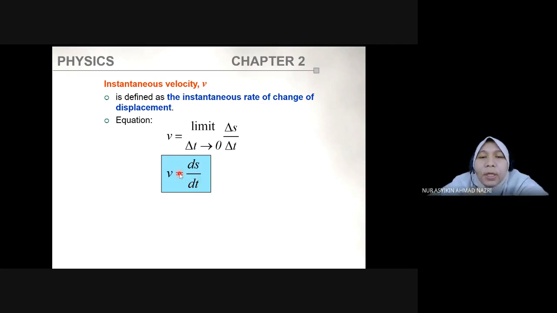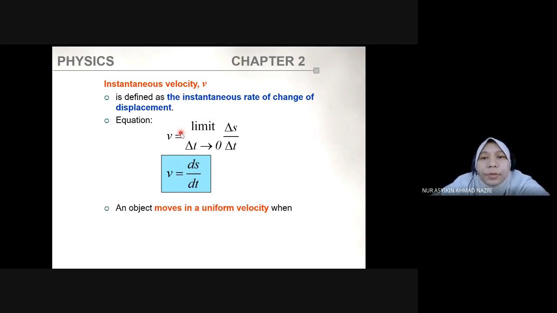Means that at that distance, at that time or at that point, what is the velocity? Contoh macam tu. Sebab tu dia kata instantaneous saja. Instantaneous tu kena pada at that time saja.